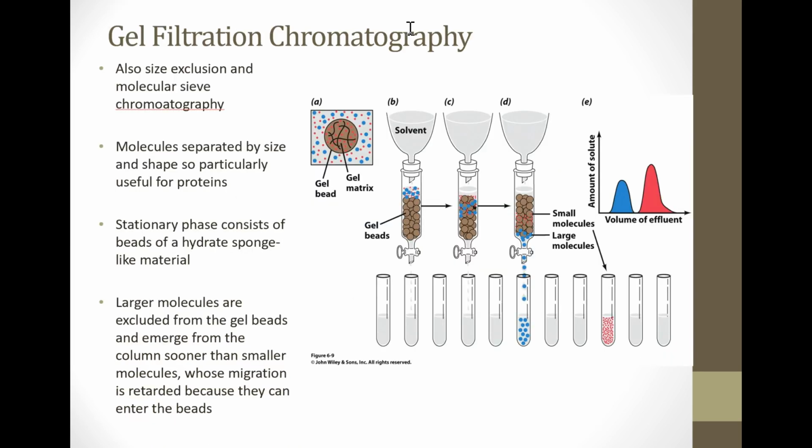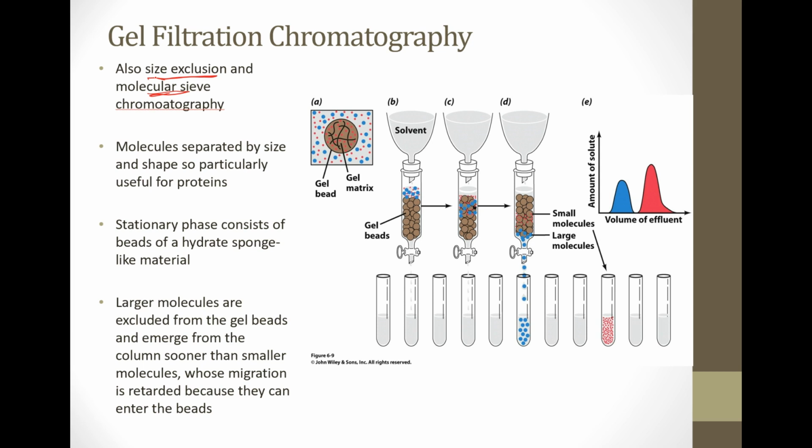Gel filtration is another really slick technique. You'll also hear this referred to as size exclusion chromatography, and that's actually the term I was introduced to when I was using this technique. You also hear it referred to as molecular sieves. I've heard both size exclusion and molecular sieves used more commonly than gel filtration, but that's probably just the labs that I was at.